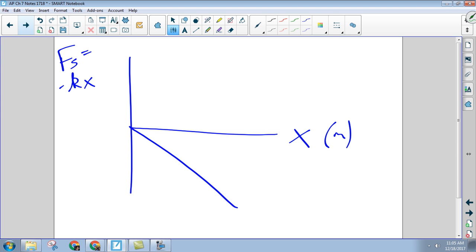All right, so let's do this. For simplicity, let's call this x initial, and let's call this x final. And let's calculate the work done by the spring. Well, based on what we just learned, the work done by the spring is area under the curve, right? So let's see.